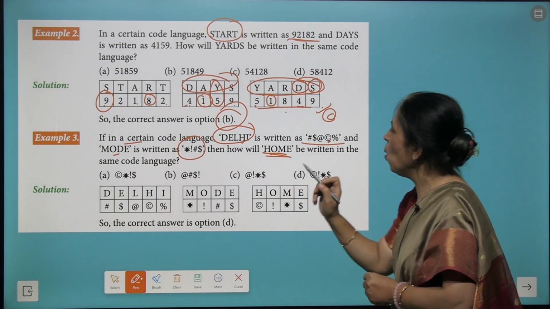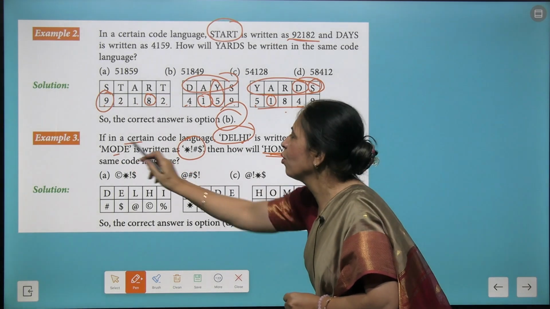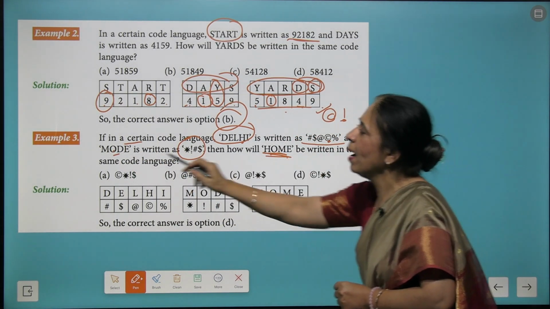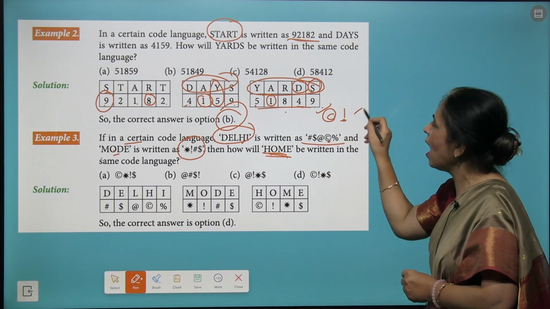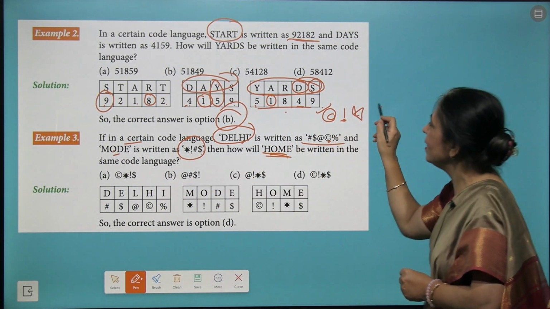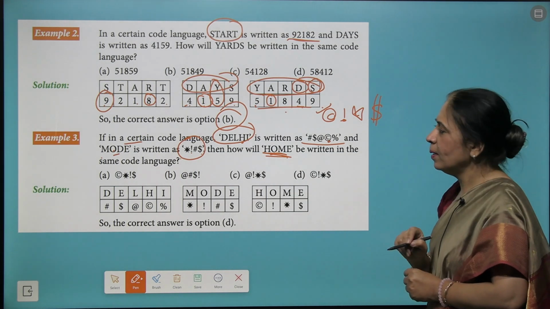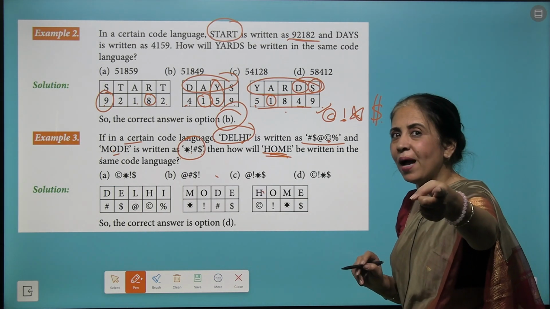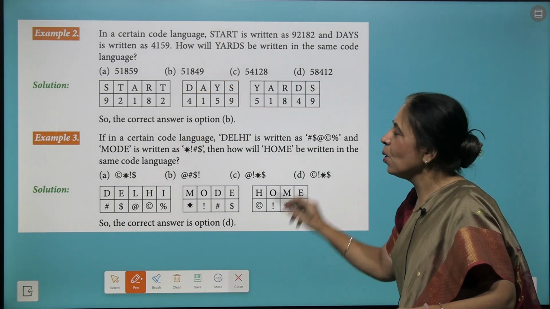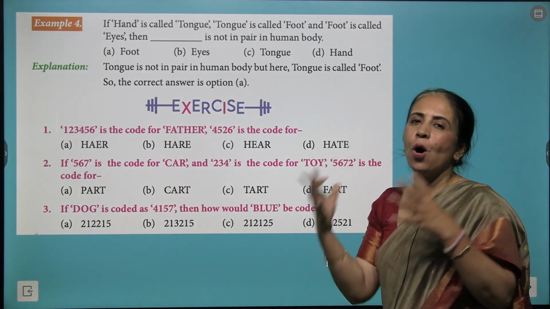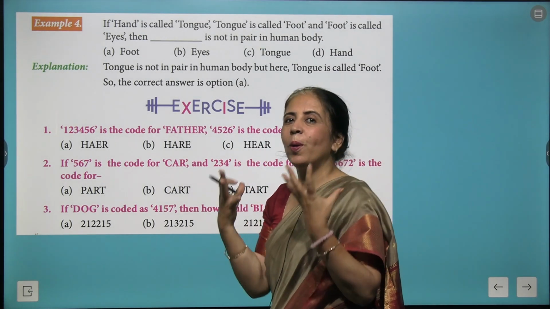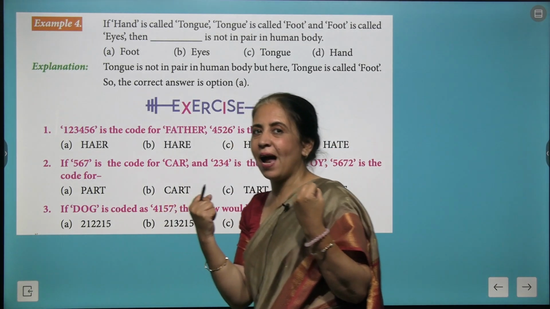Then we go to O. O is taken from mode and we get exclamation. For M again we have a star, yes? And then E is written as dollar. So where is your answer? Very good. That's D. I believe your mind has started stimulating with so much wonder and fun.